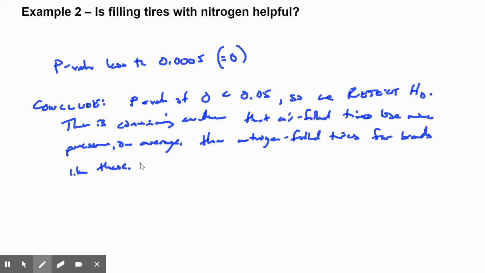So again, the p-value of 0 is less than 0.05, so we reject the null. There is convincing evidence that air-filled tires lose more pressure on average than nitrogen-filled tires for brands like these. And that's a sentence straight from the problem.